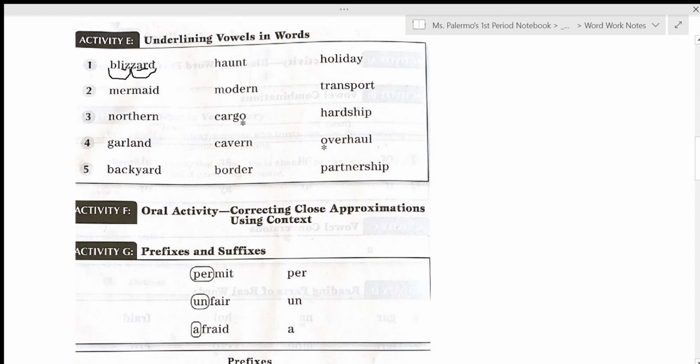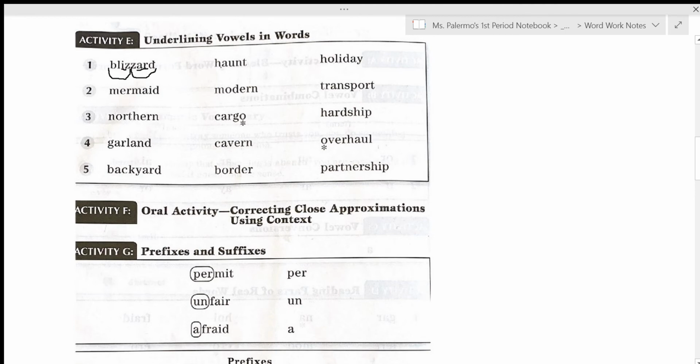Now, when I put the word together, let's see if the way I said it makes sense. Blizzard. I know that when people say this word, even though it's written with an AR, we actually pronounce it blizzard. It's one of those weird words in English where it doesn't exactly match up with the vowel sounds. But the whole word is blizzard.